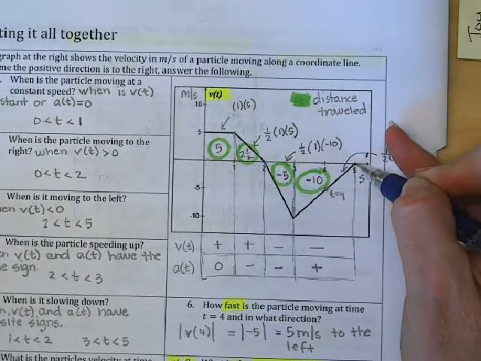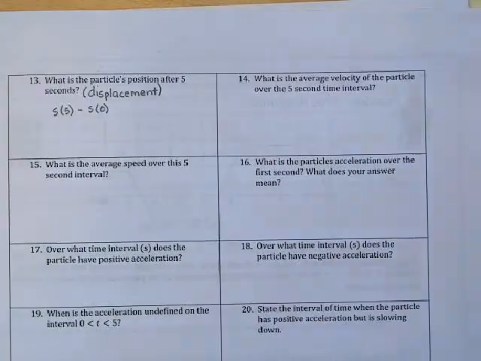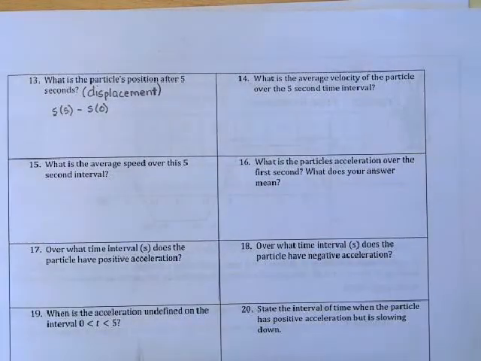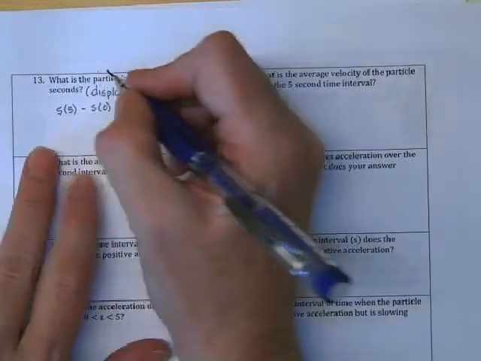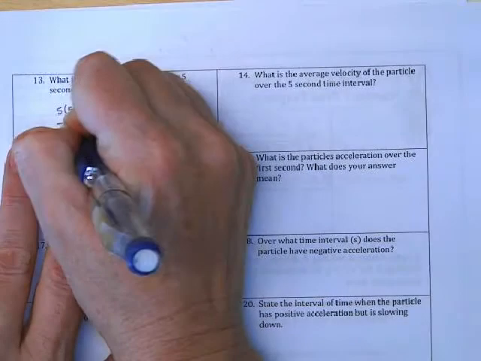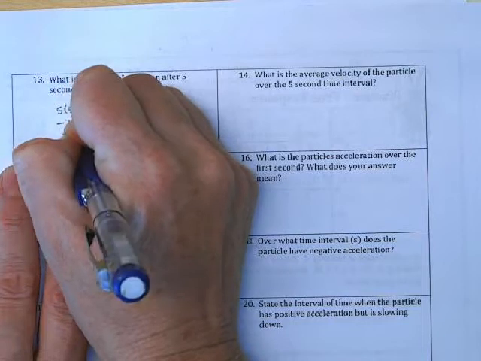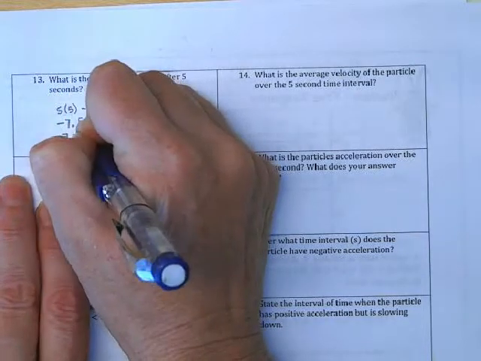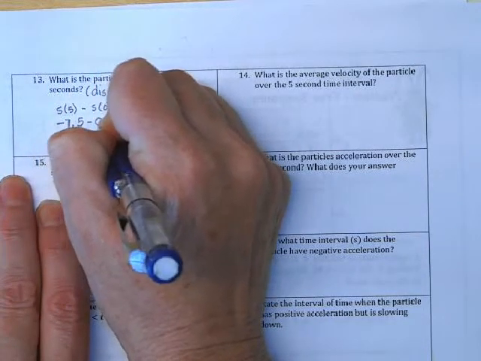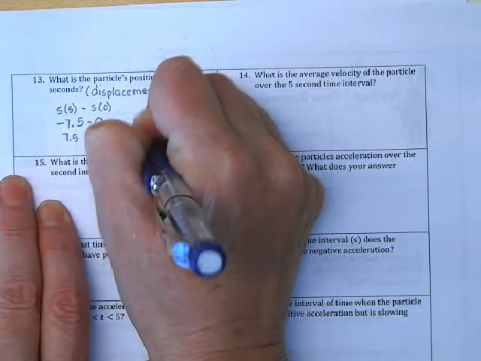At S of 5, we were at, right here, 7.5, actually negative 7.5, minus 0. So we are 7.5 units to the left.